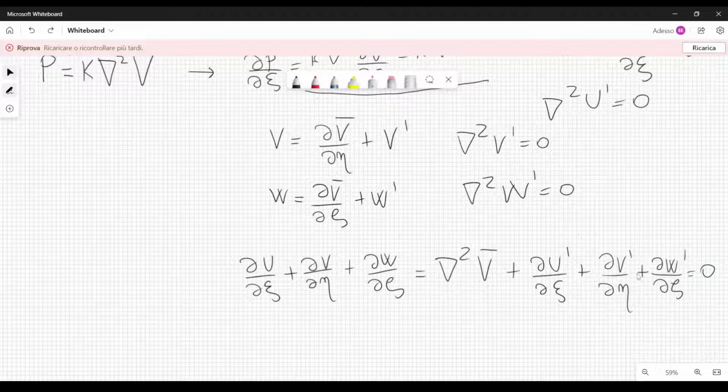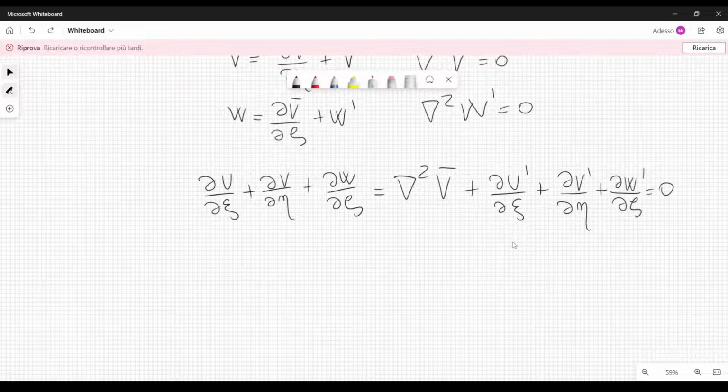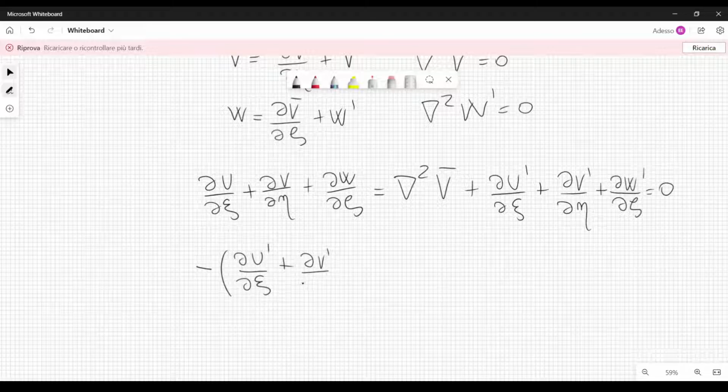And we can rewrite this as minus du prime/dxi plus dv prime/d eta plus dw prime/d zeta equal to del squared V bar. This is also equal to p over k.